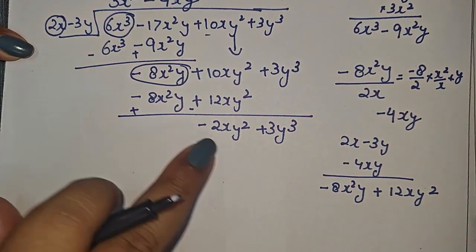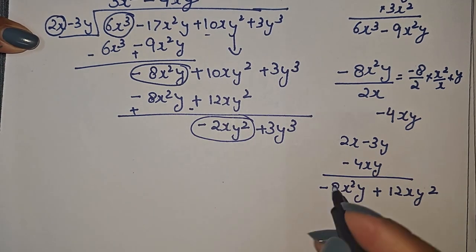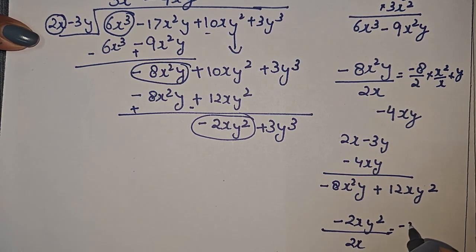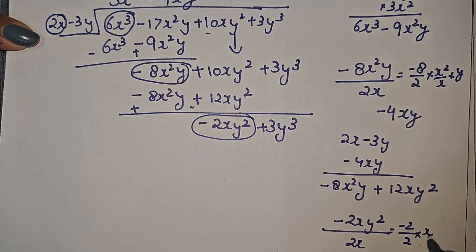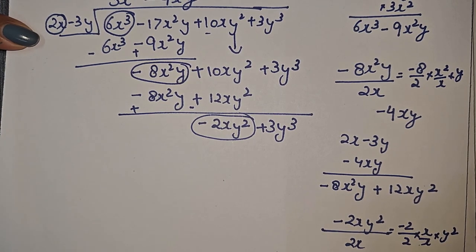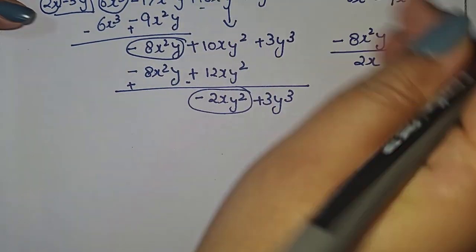Again, we will pick up the first term from here and this one. Now divide it: minus 2xy square upon 2x, which is minus 2 by 2 into x by x into y square. So we have minus y square. I will put it here, minus y square.